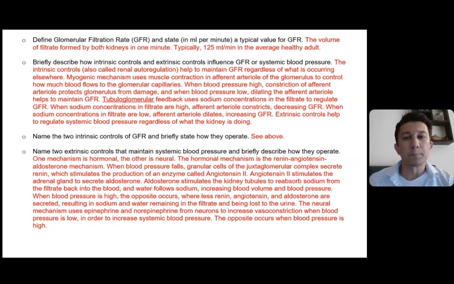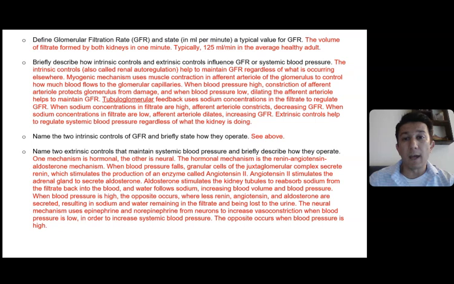And that really summarizes the intrinsic controls, the myogenic mechanism as well as the tubular-glomerular mechanism. The myogenic mechanism is strictly using the smooth muscle in the walls of the afferent arteriole to control blood flow through the afferent arteriole and into the glomerular capillaries.